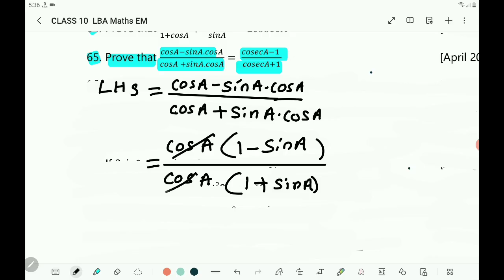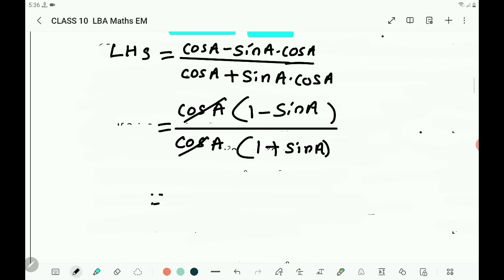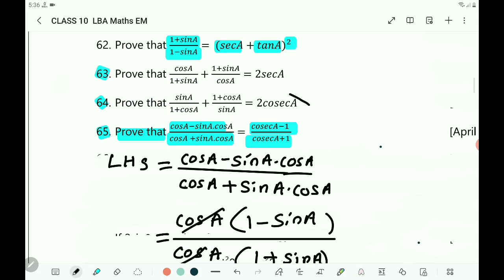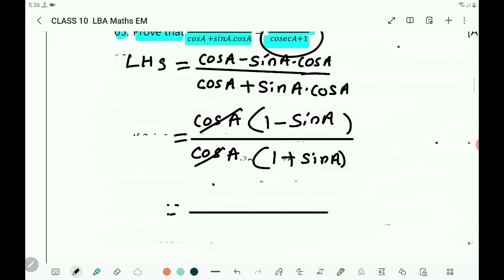You can cancel these two. Equals, in the numerator, we have to express this in terms of cosec A minus 1, cosec A plus 1.